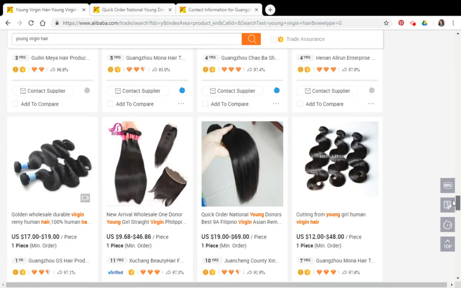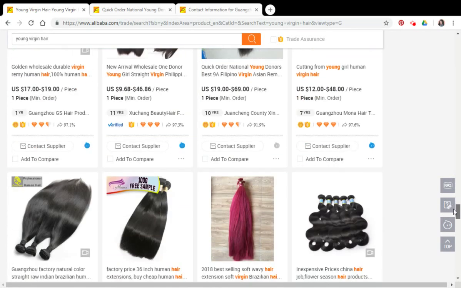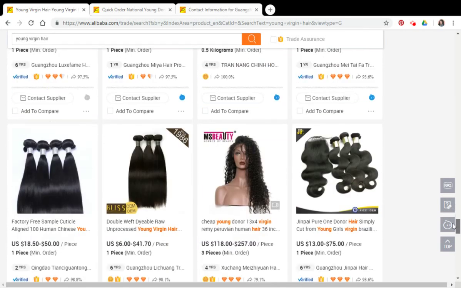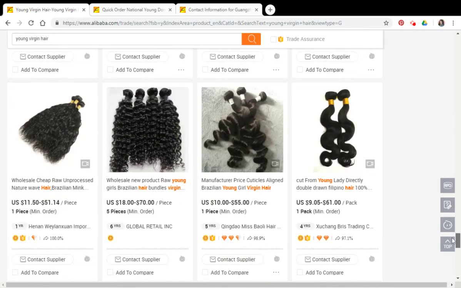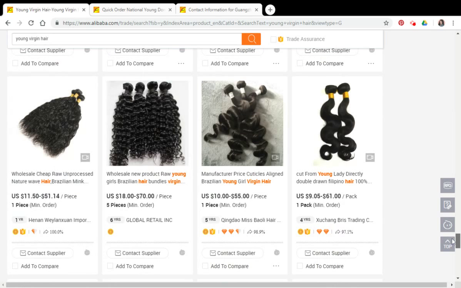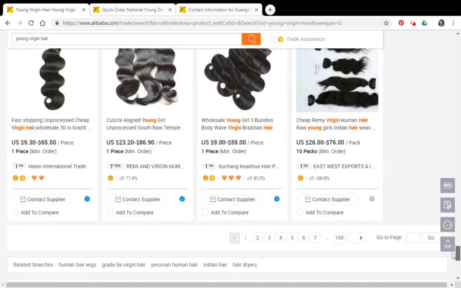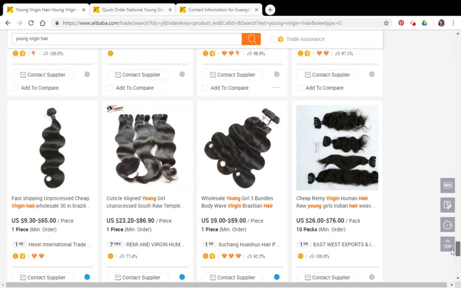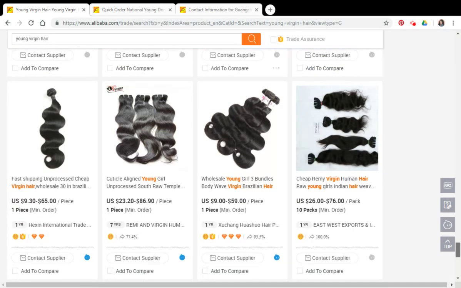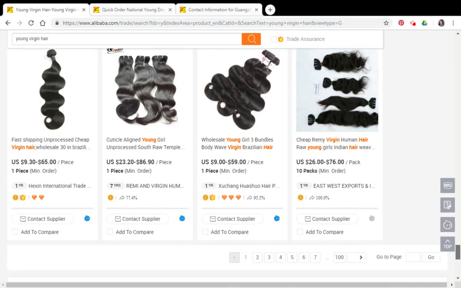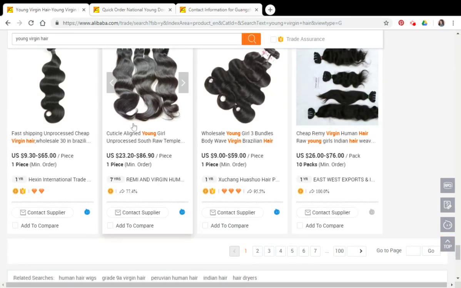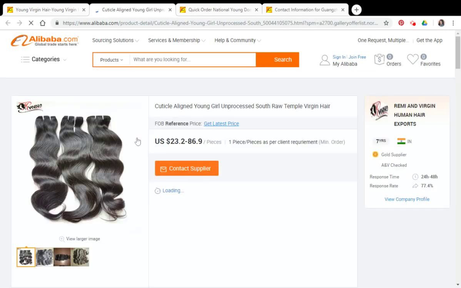But because most people who, if you eventually start selling hair, you definitely want to look for frontals and closures, correct? Let's see. Is this an Indian vendor? This might be an Indian vendor right here. Yeah, this is an Indian vendor.